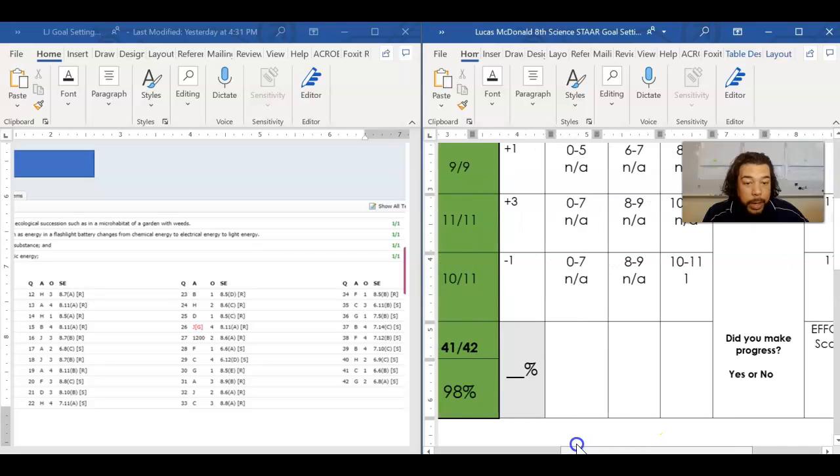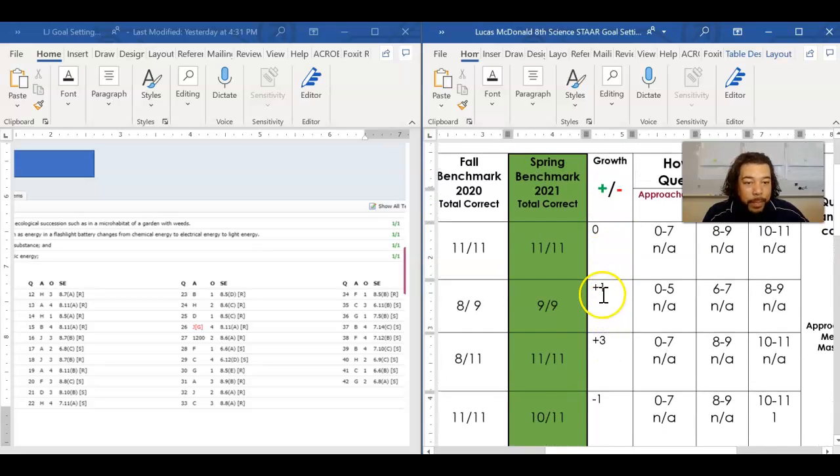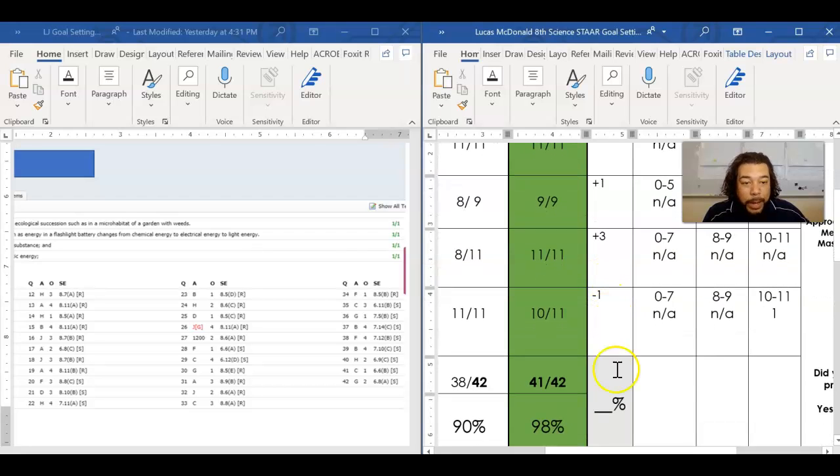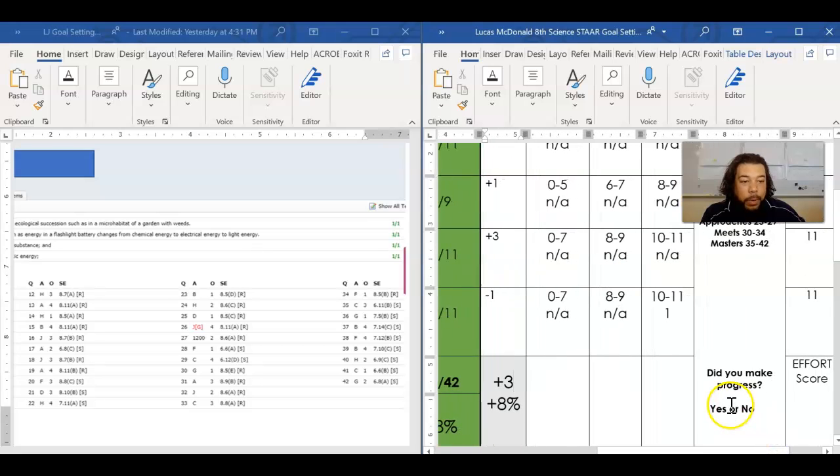For the most part, he did make progress, the big 3. So if we were to total these up, he would show progress by 3 questions. So yes, we can change that here. We can show a progress of plus 8 percentage points, which is also, I'm going to put here, plus 3 answers is what he averaged it out. So he did make progress.